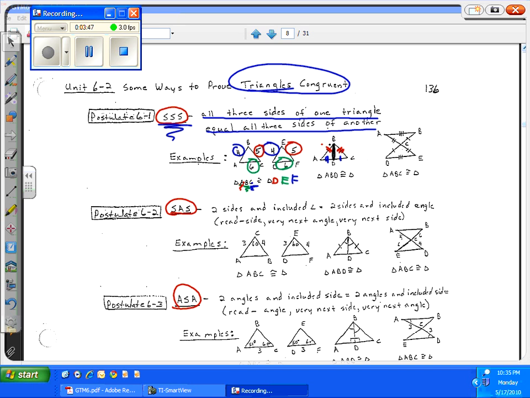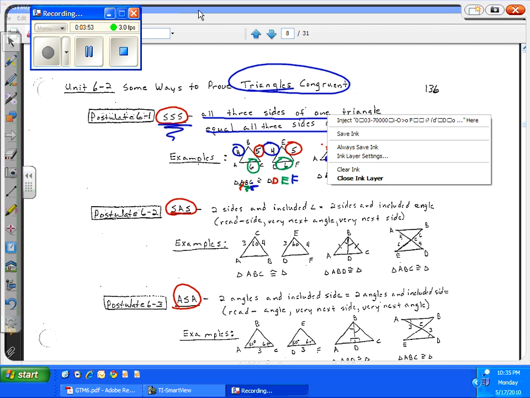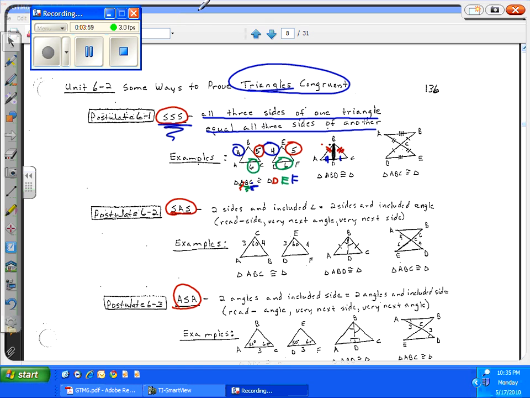So let's think about the A. The A was opposite the black side there. C is opposite the black side. Since A is opposite the black side BD, and C is opposite the black side BD, then C's got to go first because it must be equal to A. B was next, and B is opposite the blue. Opposite the blue in the other triangle is also B, so B goes second.